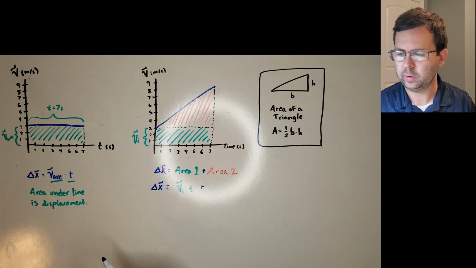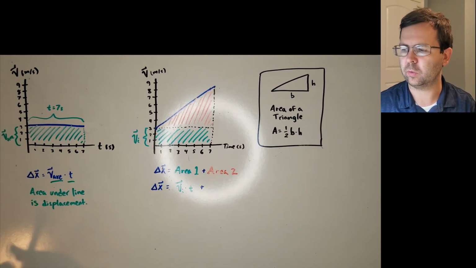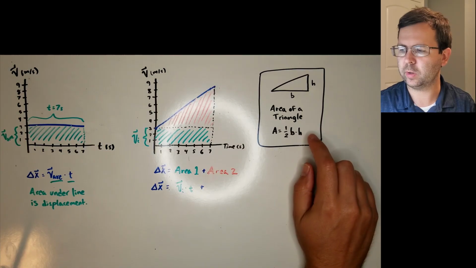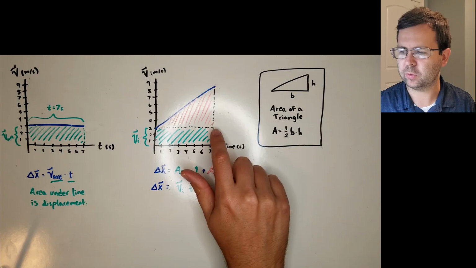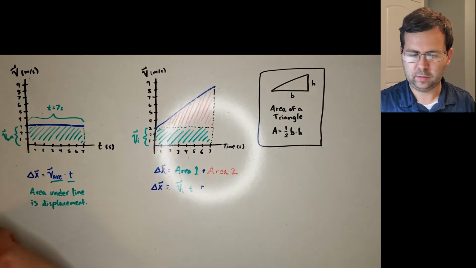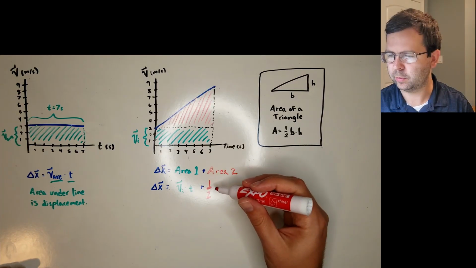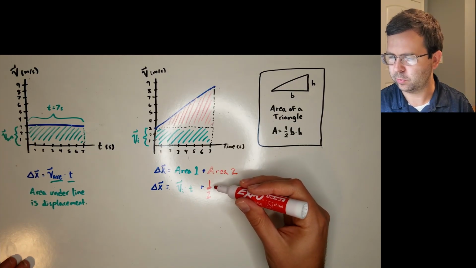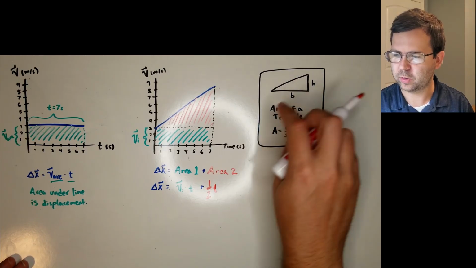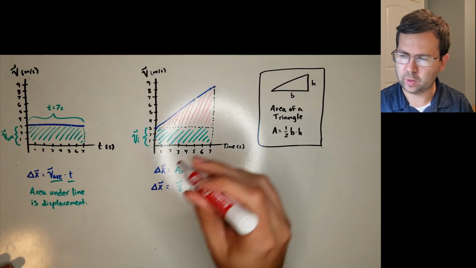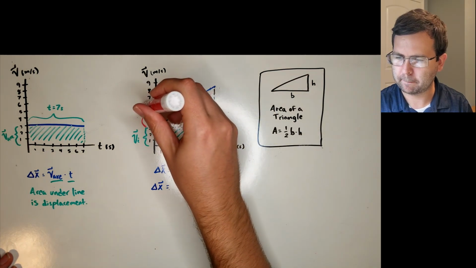Okay, but we need area 2 as well, so how could we label this? Area 2 is going to be equal to the area of a triangle. And the area of a triangle is 1/2 base times height. So the base of this triangle is going to be the time. So I will write 1/2, and then the base, which we said was time, multiplied by the height of this triangle, which is going to be equal to this portion of our graph here.